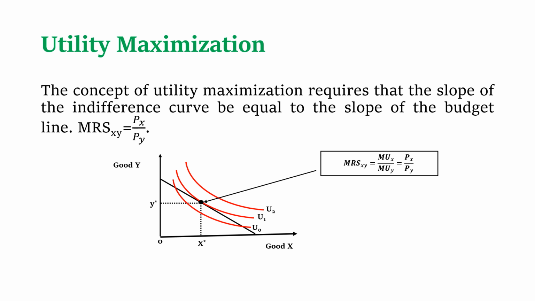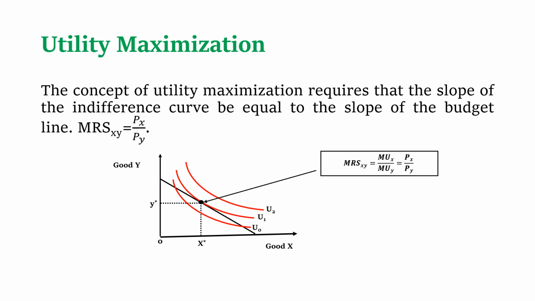Now, the ratio of the marginal utility of the two goods is the marginal rate of substitution of X for Y, assuming that the consumer consumes only two goods, X and Y. And the slope of the budget line is the ratio of the prices. In other words, it's the ratio of the relative prices of the two goods.